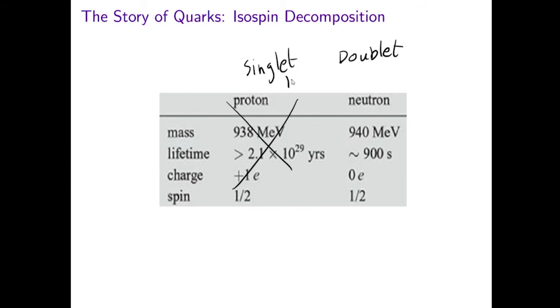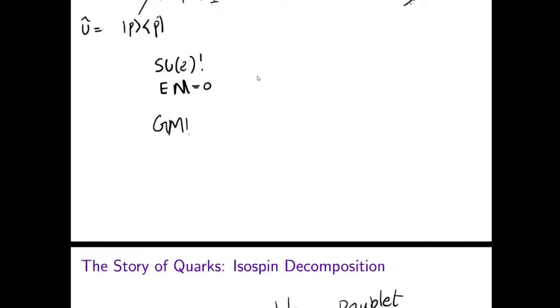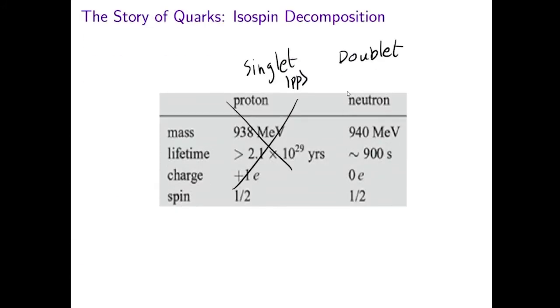But he saw that if you consider systems of two particles, and you act on it with this particular operator, you would either get a singlet state or a triplet. Sorry, not a doublet, a triplet, which would be three different ways of things happening.